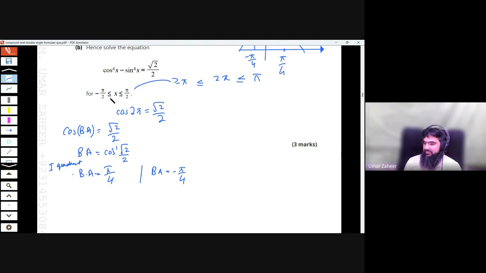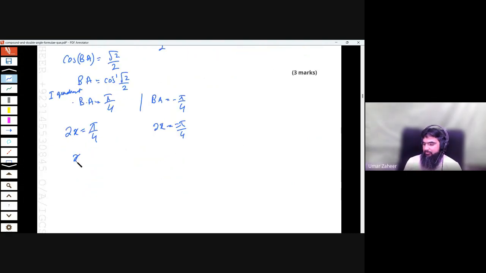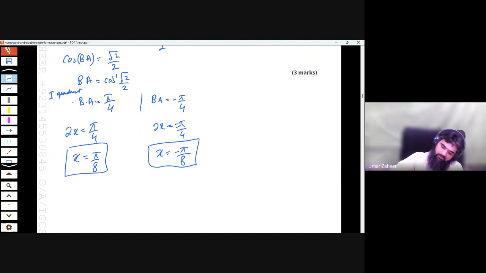We know that the base angle is basically 2x. So 2x is equal to pi over 4 and 2x is equal to minus pi over 4. So here x is equal to pi over 8 and here x is equal to minus pi over 8. Yes, everyone. Is it clear? Yes, sir.